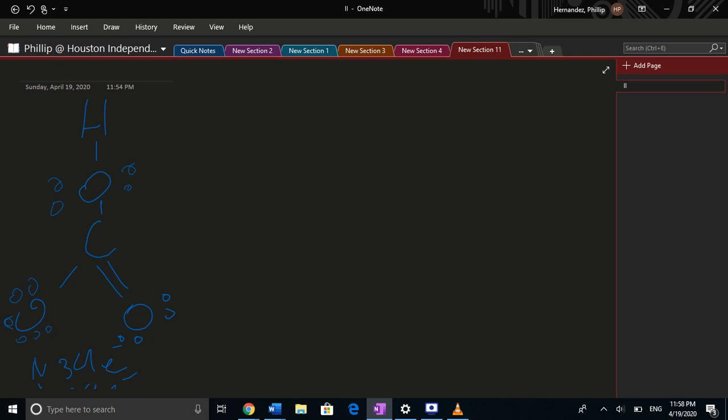Now, since this is an ion, we need to draw brackets. Brackets are important. And we need to draw its negative sign since this is a negatively charged polyatomic ion. We're going to draw a resonance arrow because what the resonance arrow tells us is that there's more than one way to draw this Lewis dot structure.